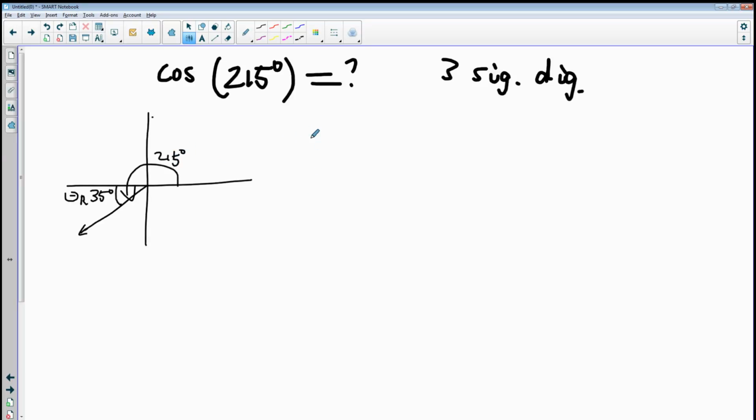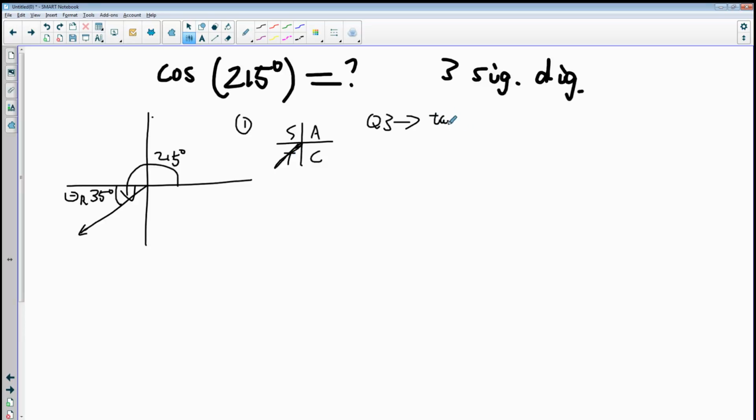Then first, let's determine the sign. We use CAST. It's in quadrant 3, which means only tangent is positive. Since only tangent is positive, cosine must be negative.